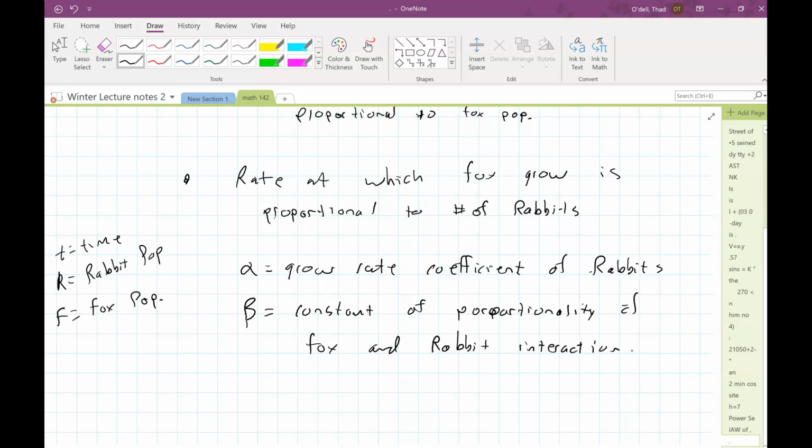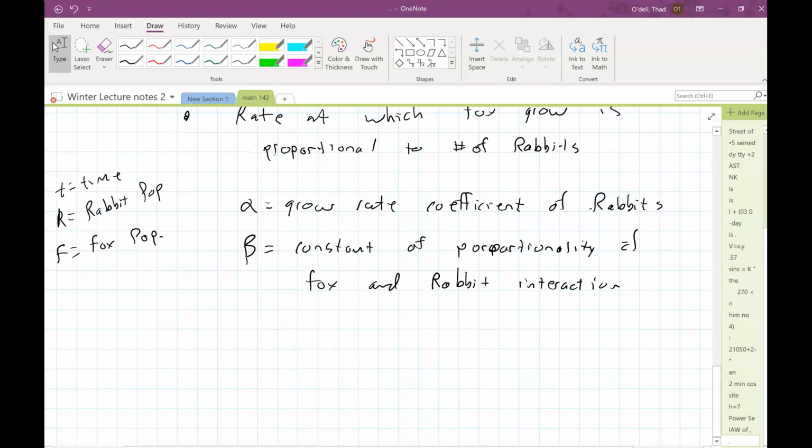So if we take the number of rabbits and the number of fox, this constant is going to tell us the proportion of how that affects the fox and rabbit populations, because when rabbits are eaten, that's going to cause the rabbit population to decline, and it's going to cause the fox population rate to grow.